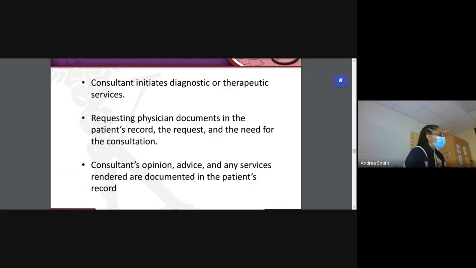The requesting physician documents in the patient's record the request and the need for the consultation. The consultant's opinion, advice, and any services rendered are documented in the patient's record. This is one of those things you see on the CMS 1500 where it says referring physician. That is where this would go.